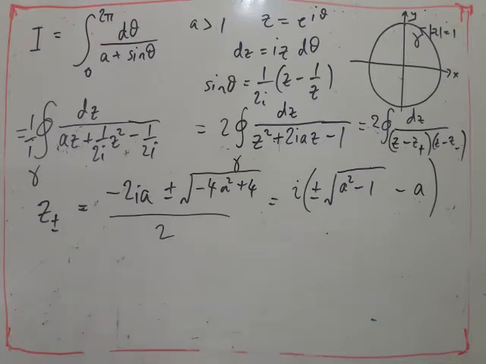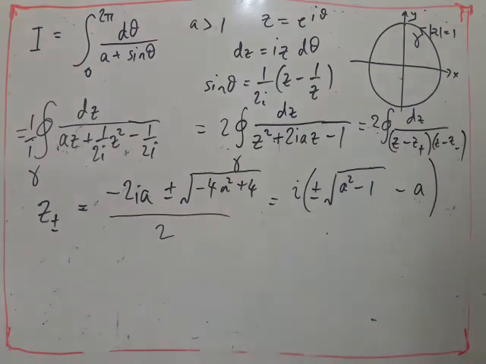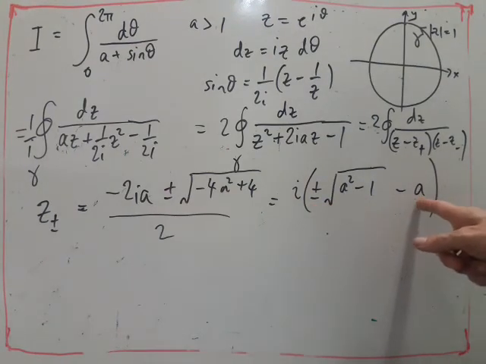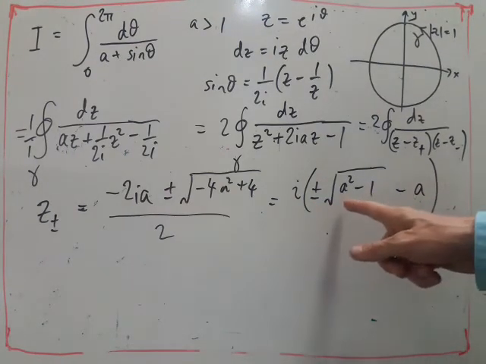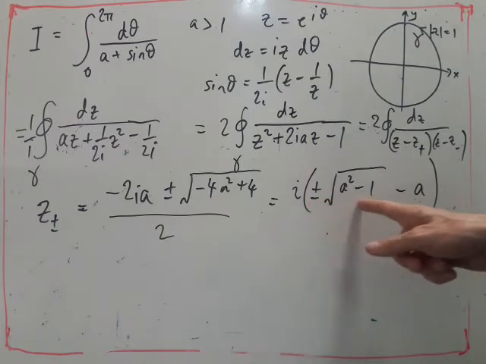Now the essential thing is that we need to work out which of these, z plus and z minus, is inside the unit circle. Let's have a think about this. Obviously, z minus is going to be outside, because remember a is greater than 1, and if we choose the minus root, this is going to be a minus and a minus thing.